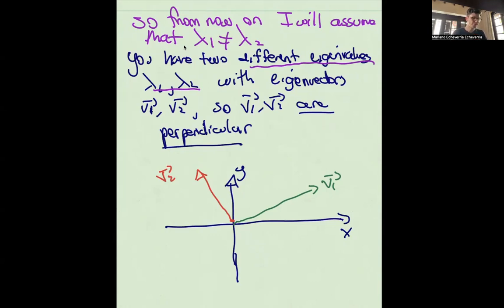The important thing in this picture is that they have 90 degrees. Let me just put them like this, because the eigenvectors may not necessarily have the same size. What's important is that their angle is 90 degrees.